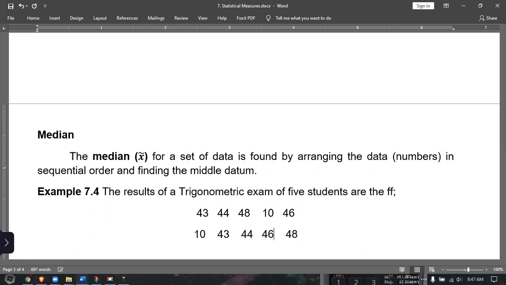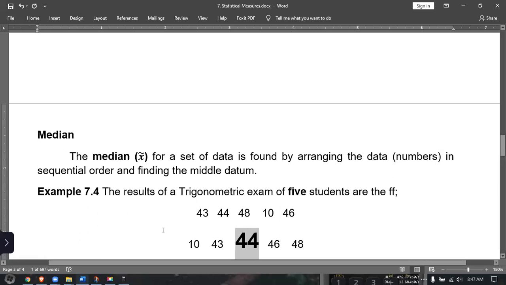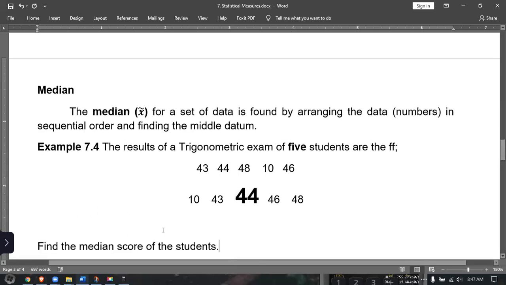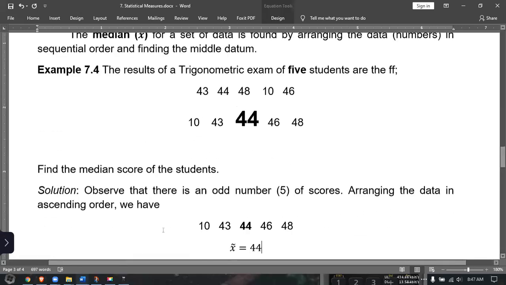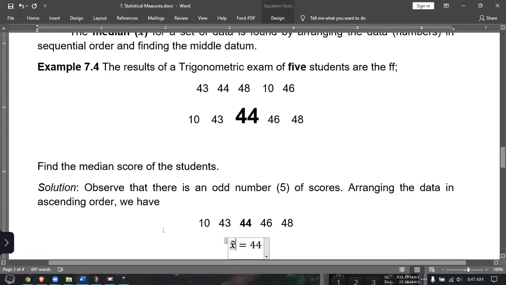Since we have an odd number of observations, 5, we have a single middle value. Whatever it is, this should be our median. So the median for this data set is 44, or x tilde is equal to 44.